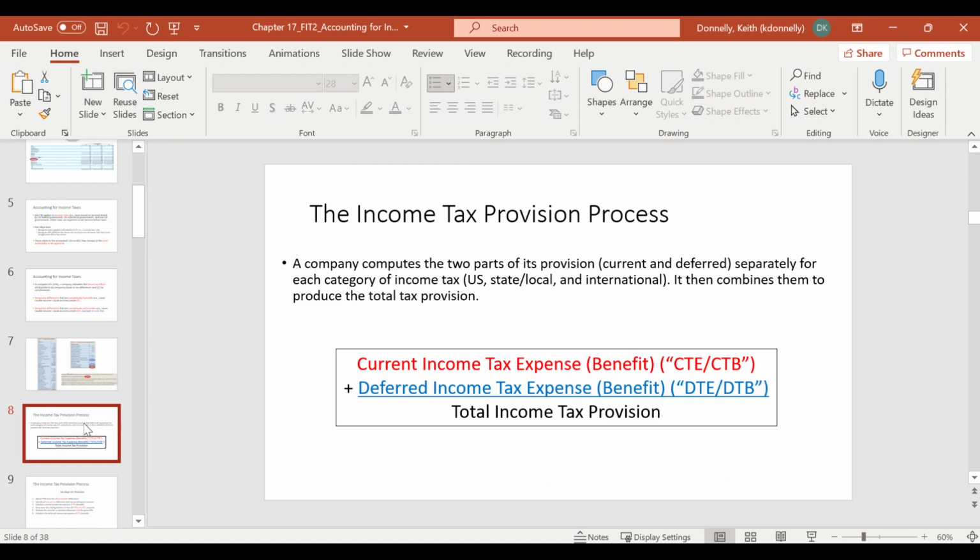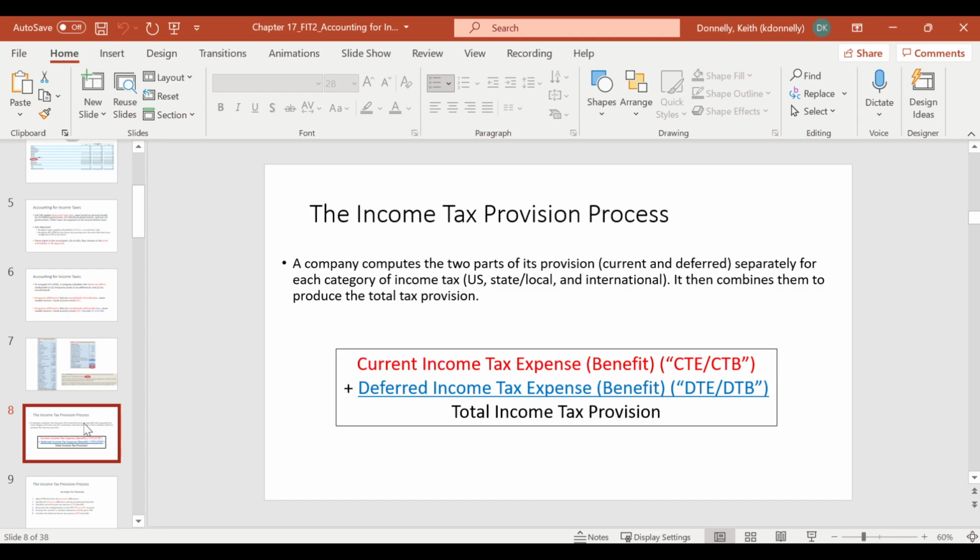So we have here kind of a multi-layer process for the provision. The book gives like 6 steps. I'm going to try to, in the third lecture, whittle it down to 3 steps, but we can talk about it here to give you a more precise overview of it. So basically, anytime a company computes its provision, there's going to be 2 components of it: a current amount and a deferred amount.